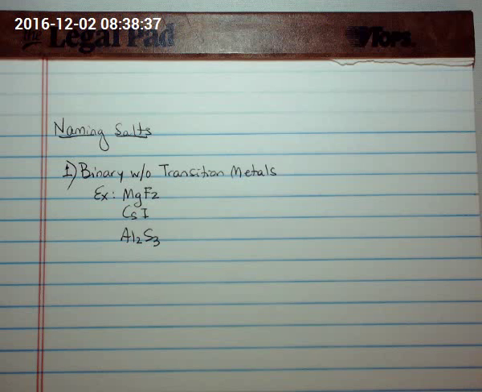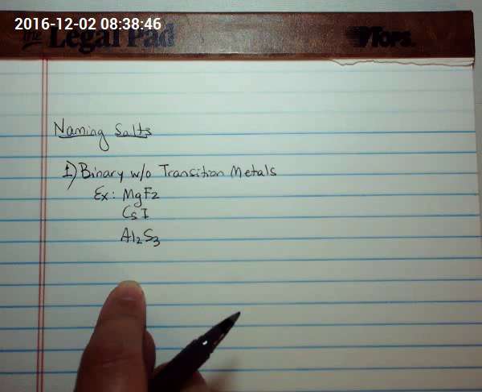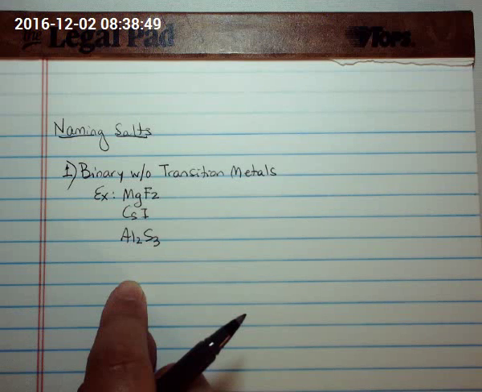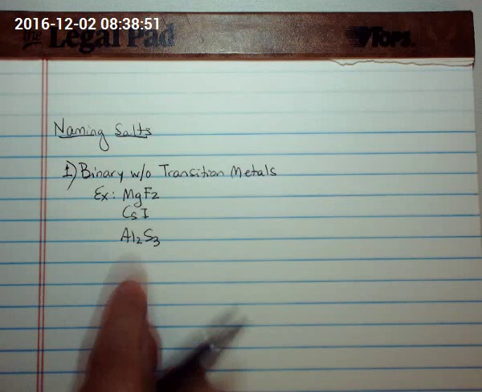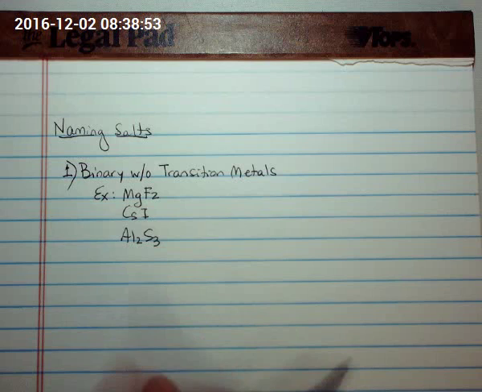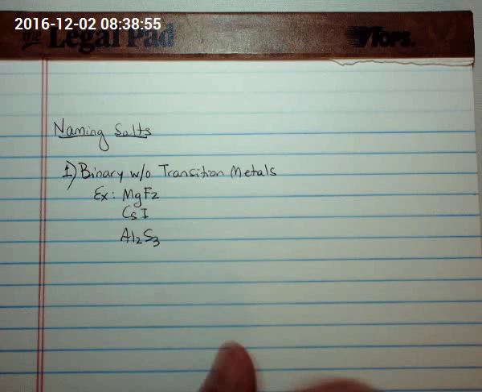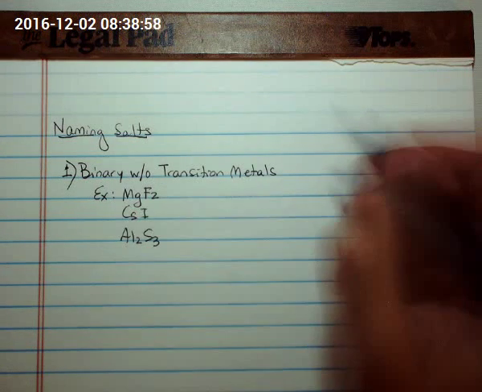So what qualifies these things as being binary without transition? So what does the word binary mean? 2. All right. So 2 what? Well, there's 5 atoms there. 2 different elements, right? So that's what binary means.